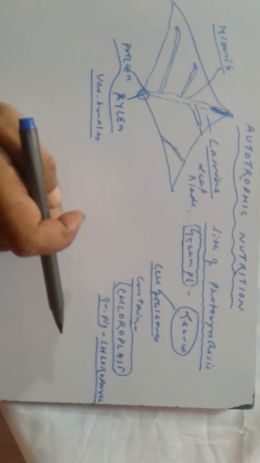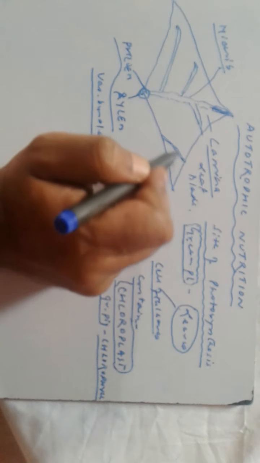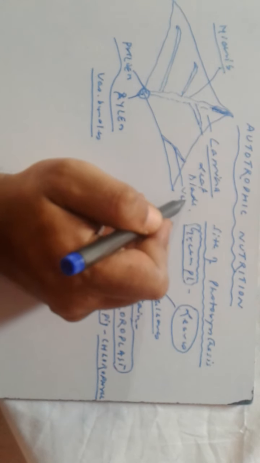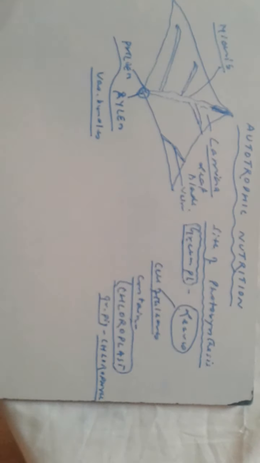They are mainly used for transport. So this is the vein. This is the cross section of a leaf.